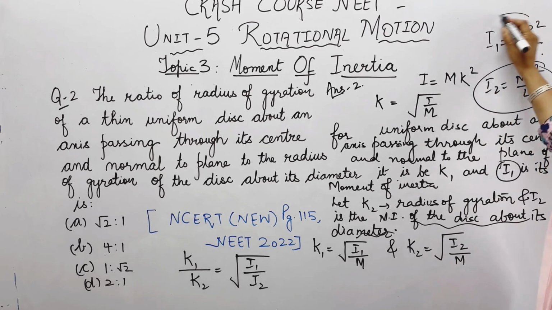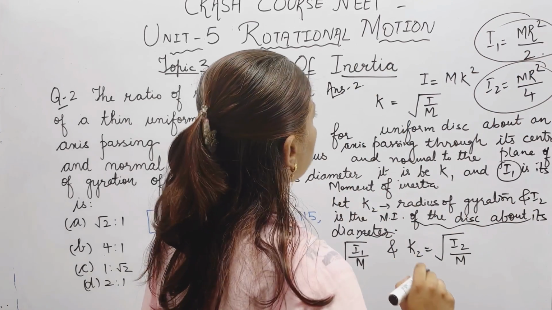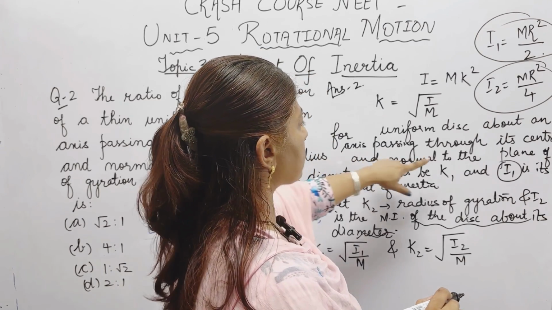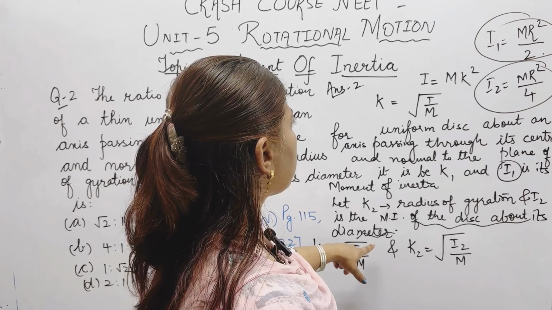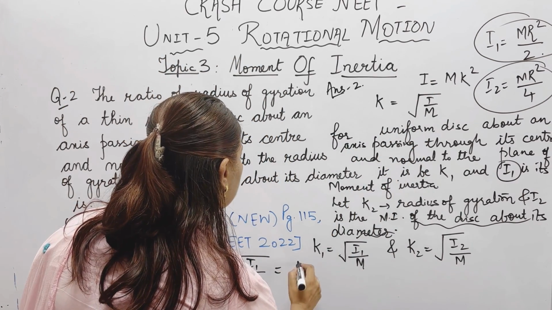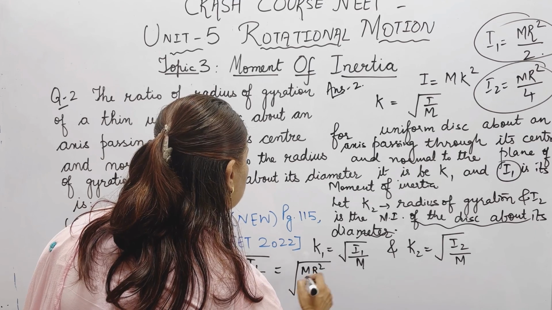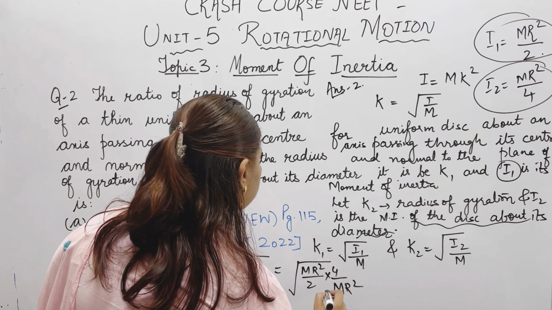So we use the formula for the moment of inertia of the uniform disk, one time passing through the center normal to the plane and another time about its diameter. Putting these values, we have m r square by 2 into 4 over m r square.